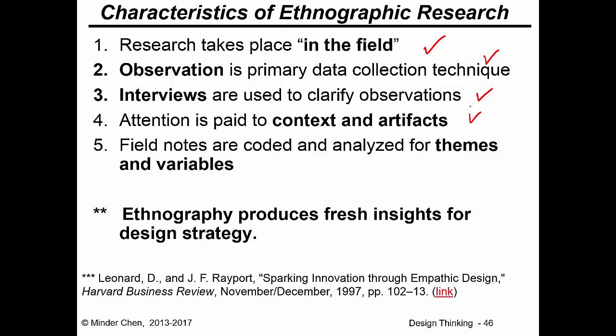And any field notes, the notes we're taking through our observation, need to be coded and analyzed to identify themes and some key variables. And ethnographic research can help us produce fresh insight for guiding us in terms of design strategy.